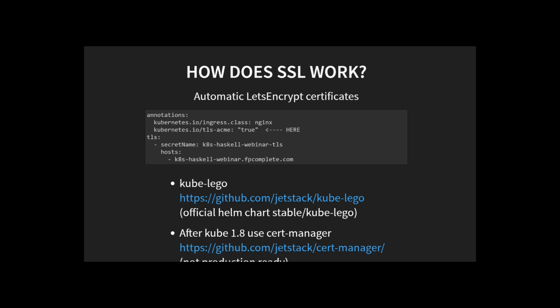And it's also in charge of renewing those certificates as time goes on, because as we all know, Let's Encrypt certificates are only valid for about 3 months or something like that. So we get SSL certificates for free for our demo application.